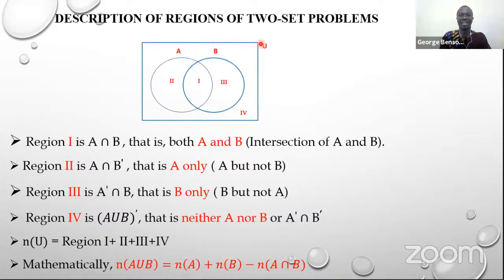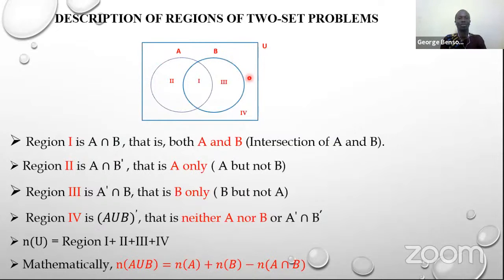Then we put the two circles or three circles, as the case may be, in a rectangle. We normally put the universal set, which is U, outside. So what you are seeing here is a typical example of a Venn diagram that involves two sets, set A and set B.